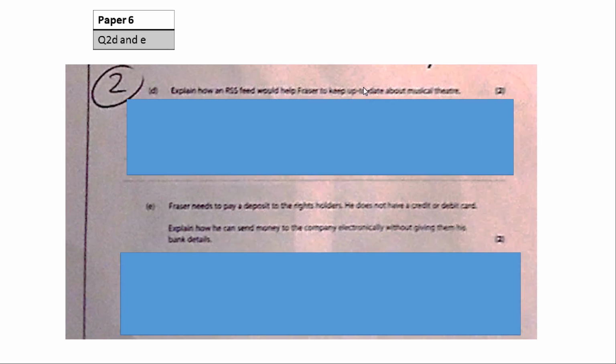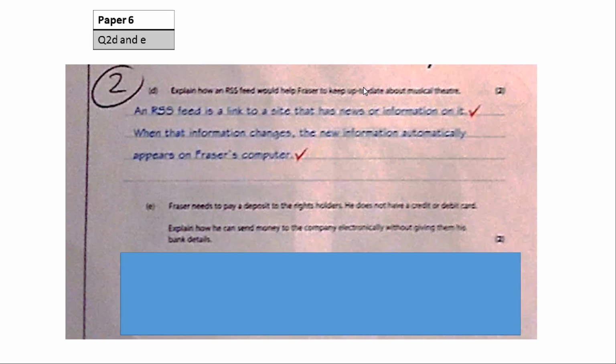Explain how an RSS feed would help Fraser to keep up to date with musical theatre. So RSS, those are feeds that you can sign up to, BBC News, BBC Sport, and you get feeds on your email, or you can embed them on your websites. So how would that help? Pretty obvious. An RSS feed is a link to a site that has news or information on it.